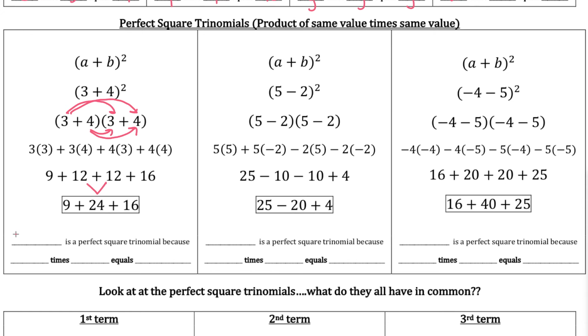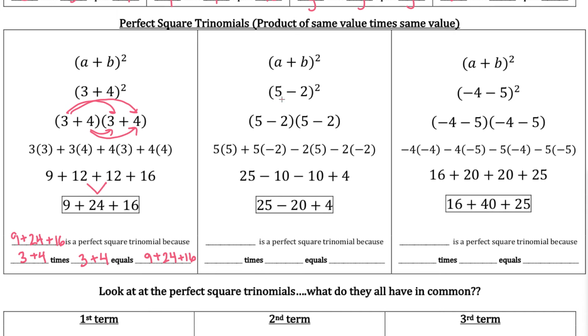So we know that 9 plus 24 plus 16 is a perfect square because 3 plus 4 times 3 plus 4 equals 9 plus 24 plus 16.